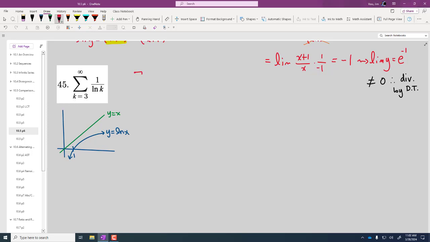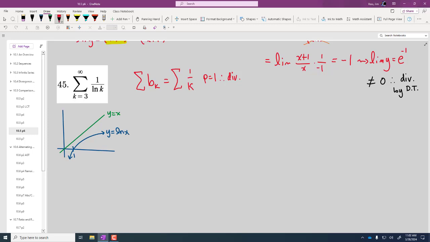So let's choose b sub k to be just our harmonic, but we're going to use it as a sub k when we're talking about a series. This is a p series with p equals 1, so it diverges, because it's a harmonic.